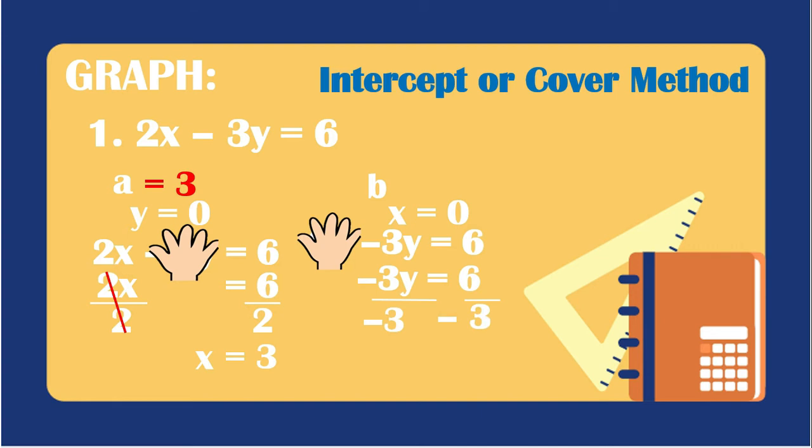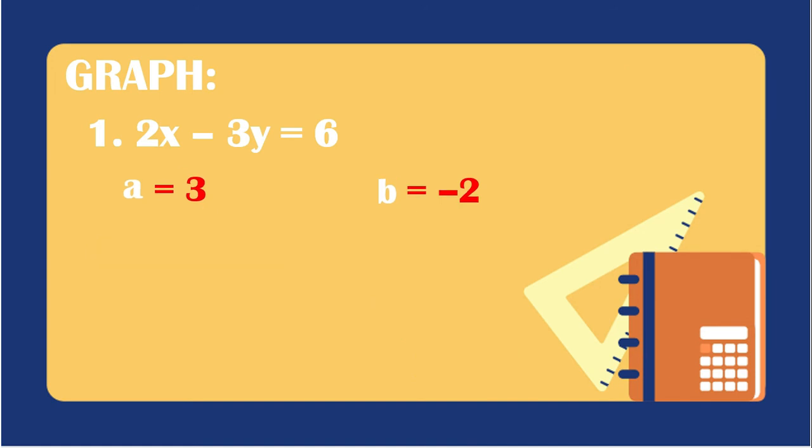We divide -3y over -3, or simply cancel the numerical coefficient -3. So we have y. 6 divided by -3 is -2. So the value of the y-intercept is -2.